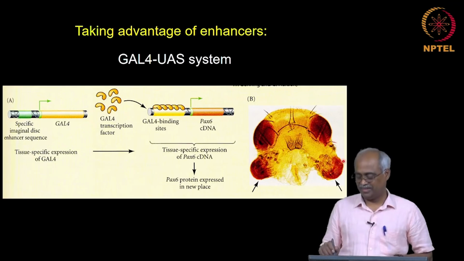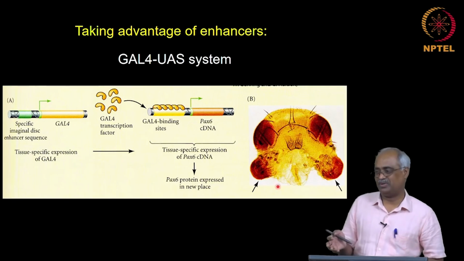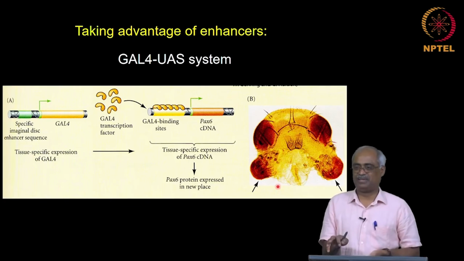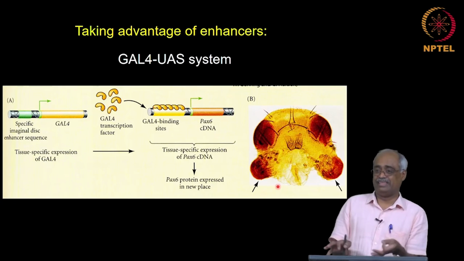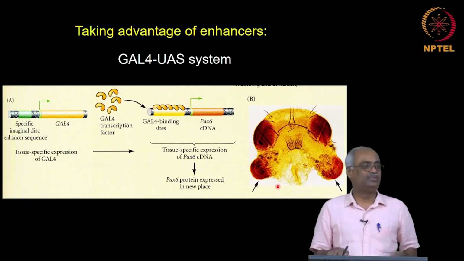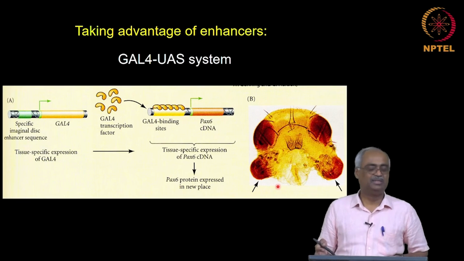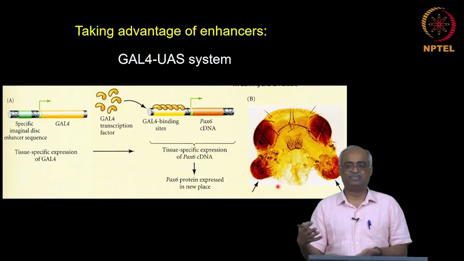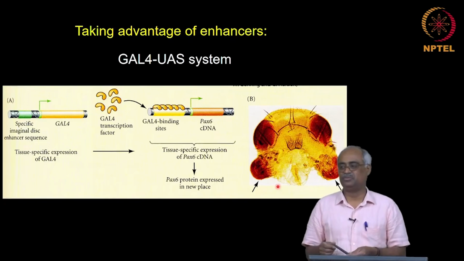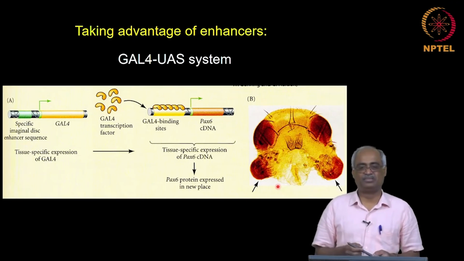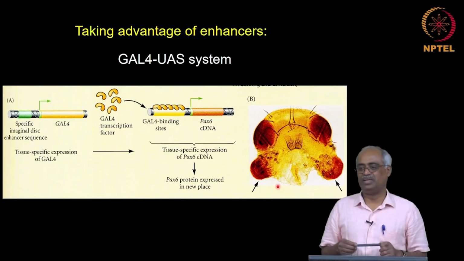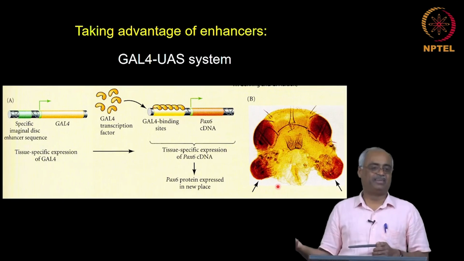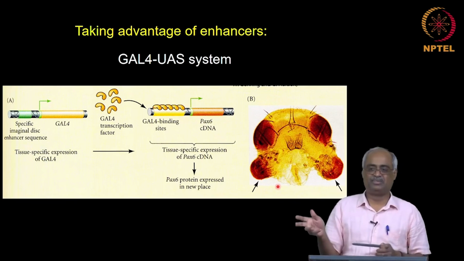Instead of developing an antenna you develop an eye. So what it tells you is PAX6 acts like a master regulator of eye development. Once you provide PAX6, it looks like everything else is already there in that tissue to drive the formation of the eye. We will see similar complete organ formation in the wrong place, more examples later as we go through. A good group of genes are the Hox genes or the homeotic mutations, where one organ is replaced by another simply because you changed the master regulator there.